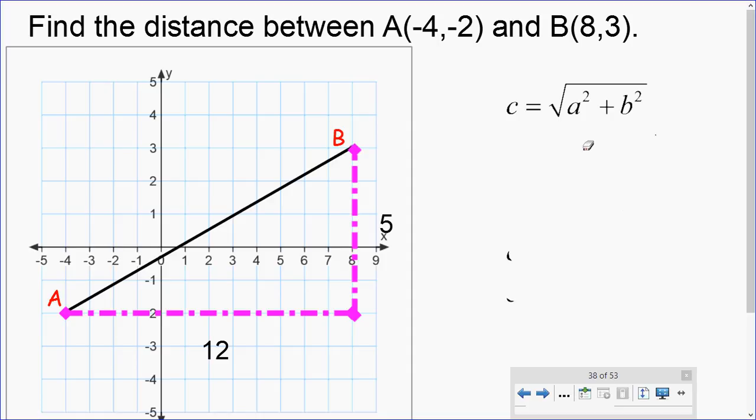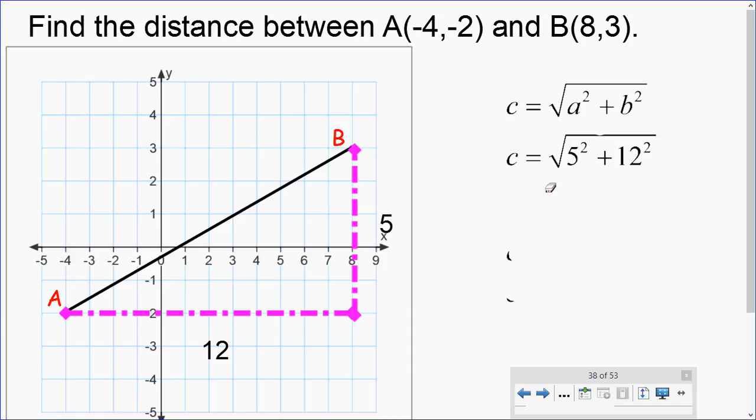That's also a good formula to have handy, because that way you solve for side C. Now we replace the altitude with 5 and the base with 12. So we have c is equal to the square root of 5 squared plus 12 squared.